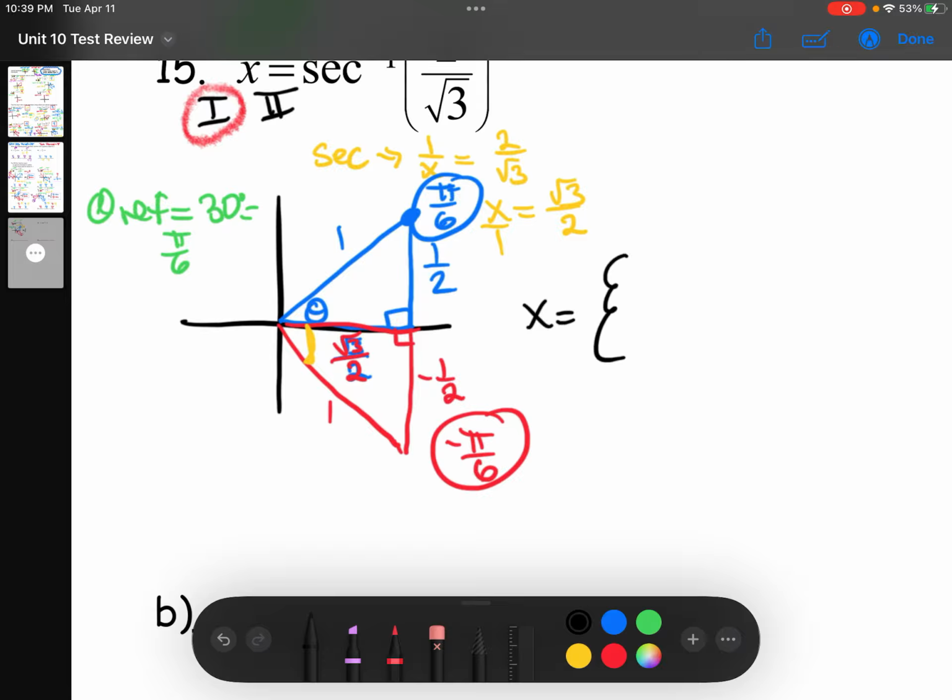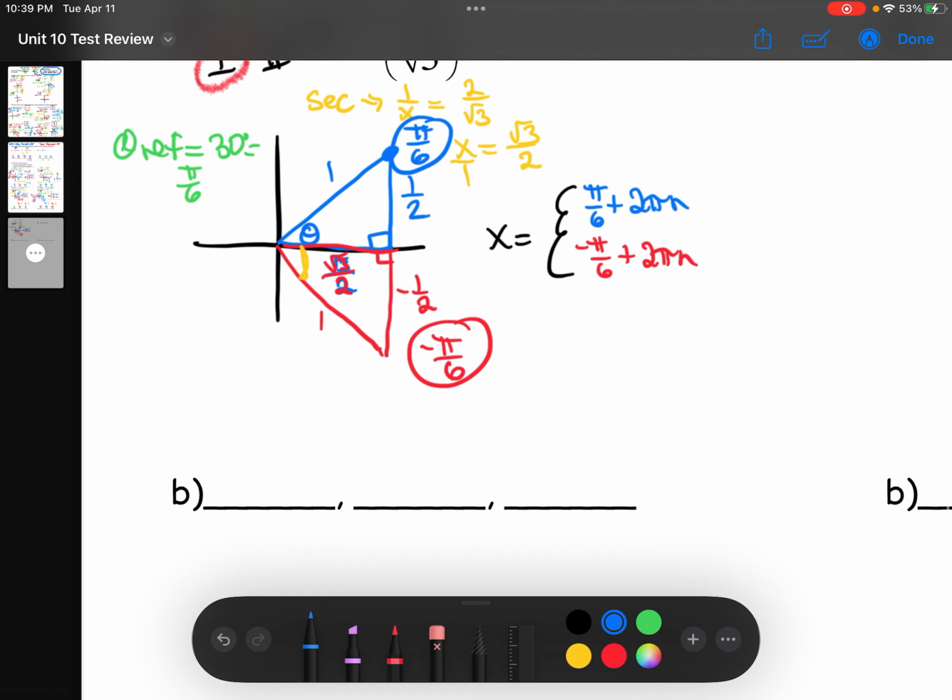So x equals, curvy braces, pi over 6 plus 2 pi n, and negative pi over 6 plus 2 pi n. So our first positive solution would be pi over 6.